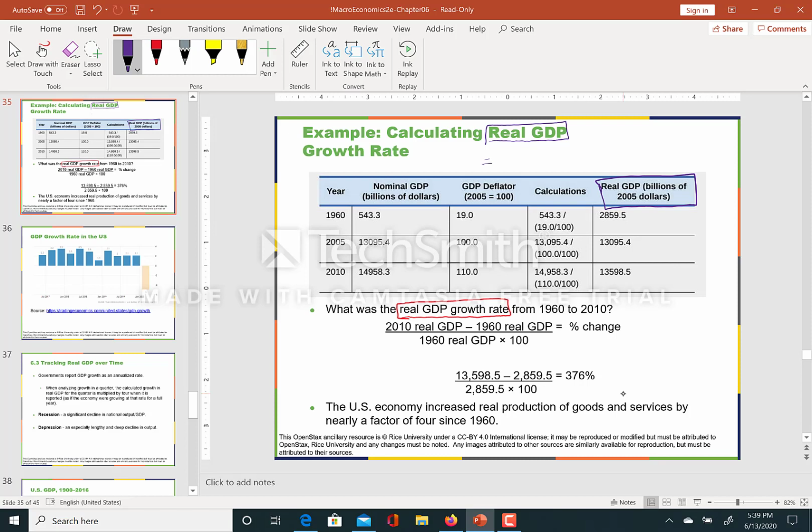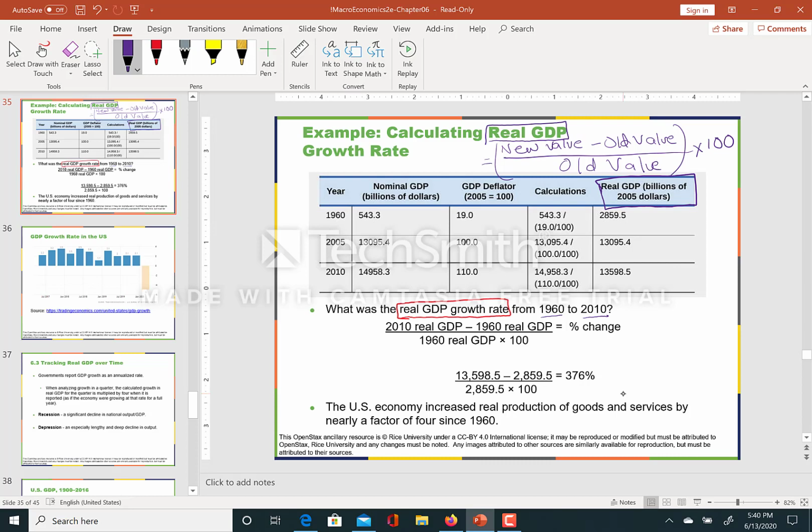The simple formula is you take the new value, subtract the old value, divide the whole thing over the old value, and multiply it by 100. This one is talking about the real GDP growth rate from 1960 to 2010.